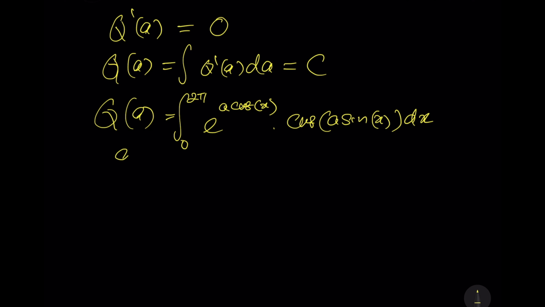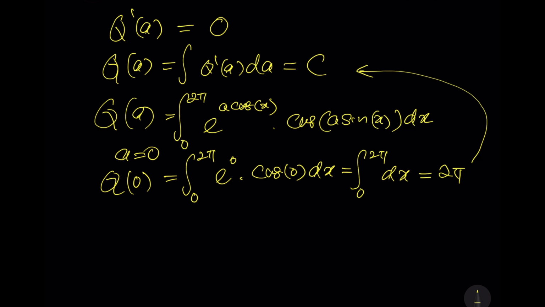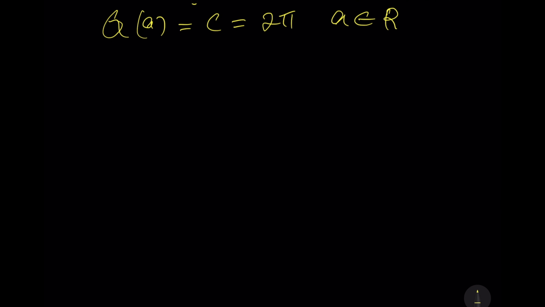For this version of Q(a), when a equals 0, Q(a) equals the integral from 0 to 2 pi of e^0 multiplied by cosine 0 dx, which equals 2 pi. The constant c equals 2 pi, so Q(a) equals 2 pi for a equal to any real number, including 2023 mentioned in this question.